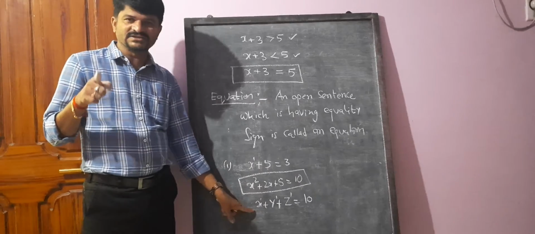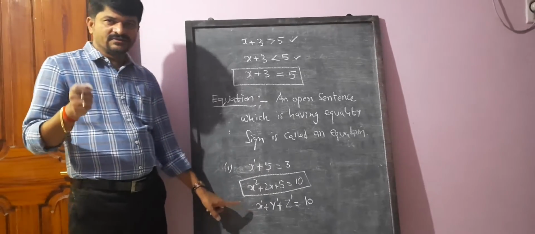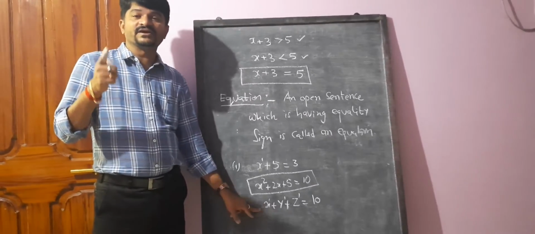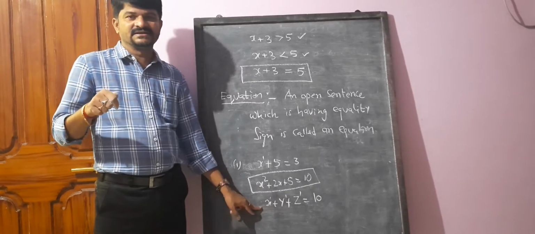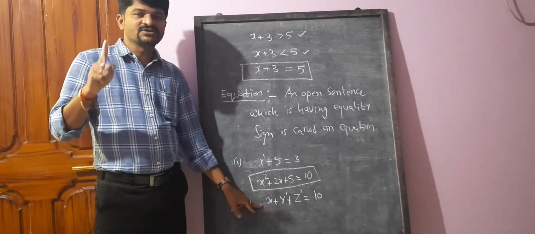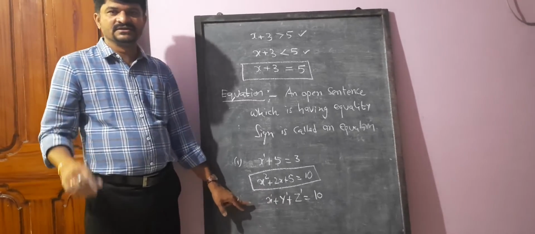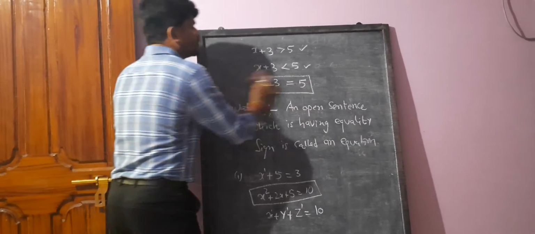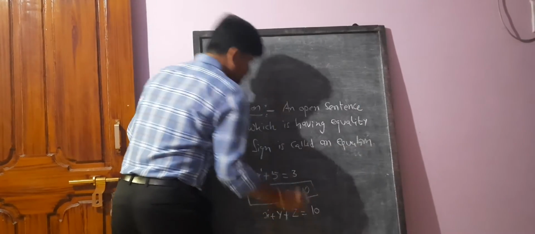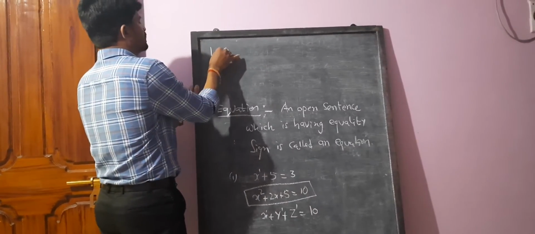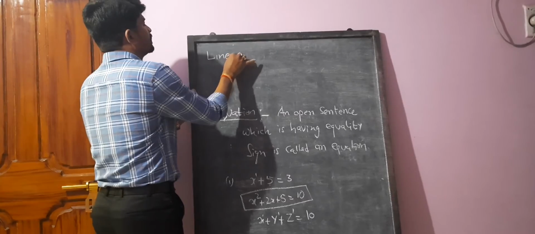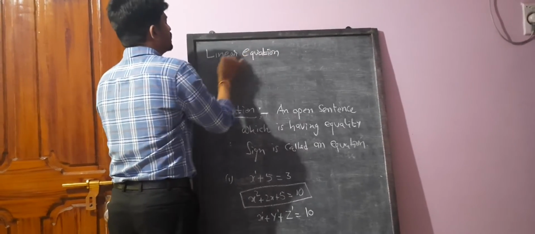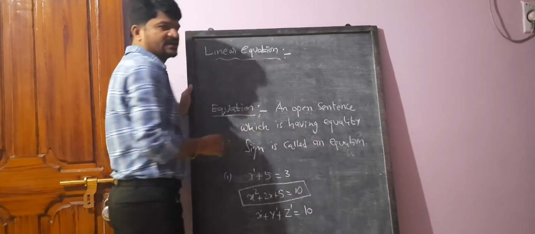Children, shall I repeat once again? Listen to me. An equation in which the highest index of the variables present in it is 1 is called a linear equation. Clear, children? Shall I repeat this? What is a linear equation?